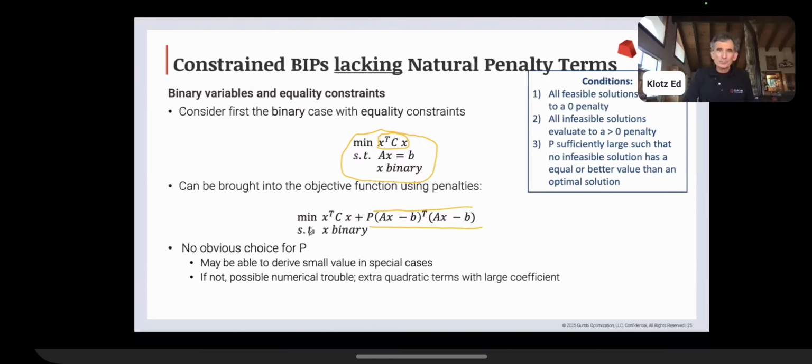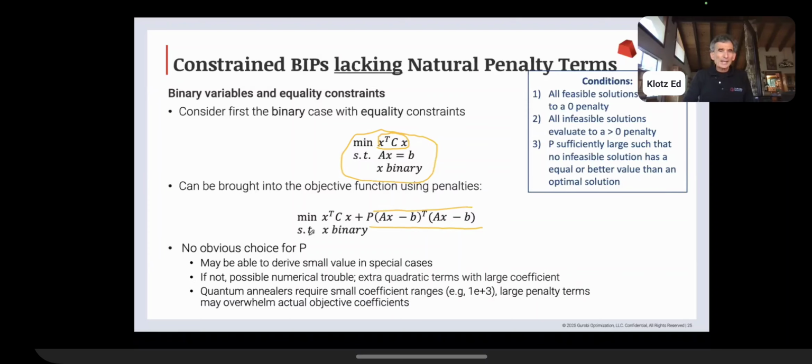So a large value of P can be problematic and actually overwhelm the actual objective coefficients. With large values, they're basically just purely focused on finding feasibility and not really distinguishing the actual objective that we want to optimize. So we need some methodologies to think about this.